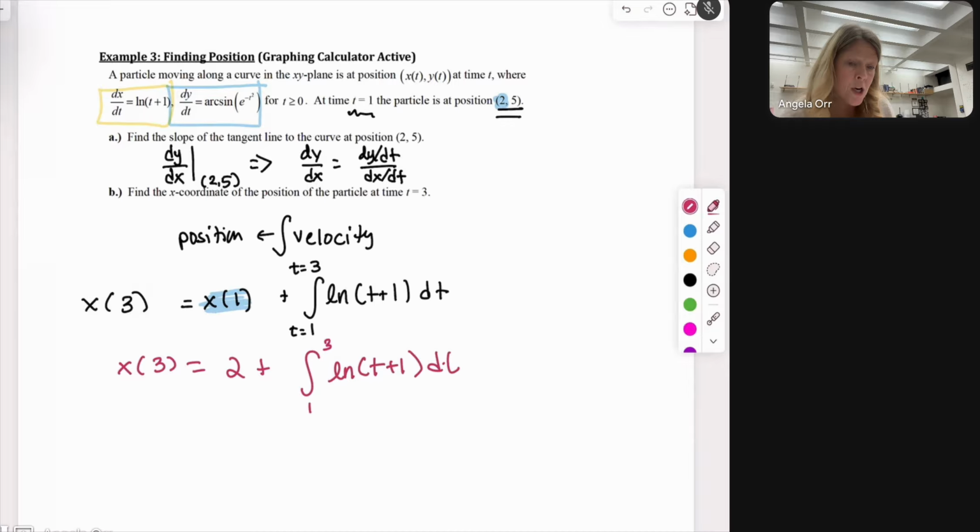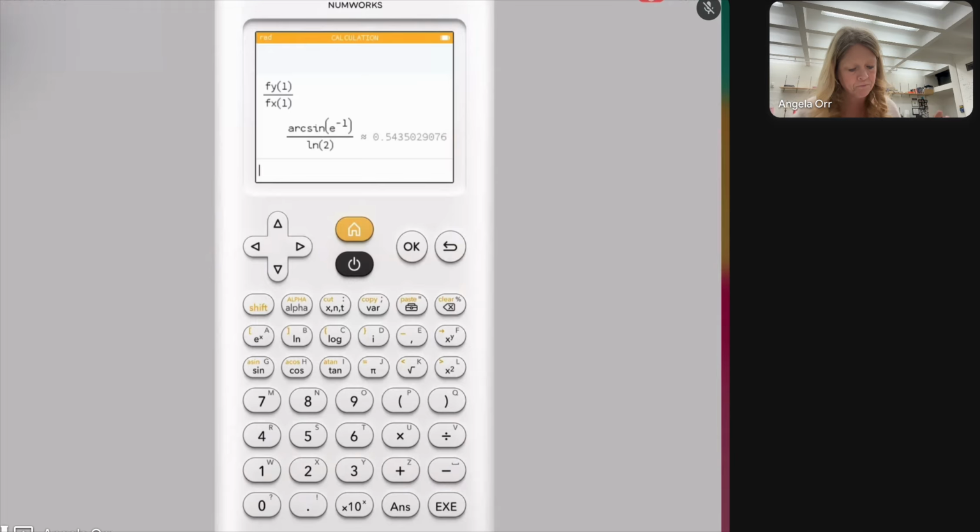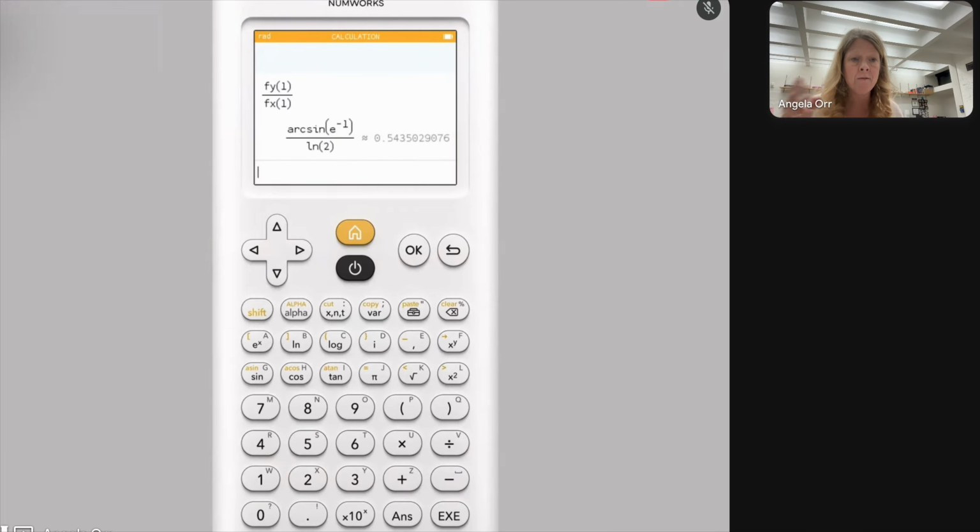So let's use our NumWorks calculator to do this super quickly and efficiently. It's nice because we already have the ln of t plus 1 function stored in our grapher. I'm going to first take my position at time 1, which I know to be 2, and add to that.